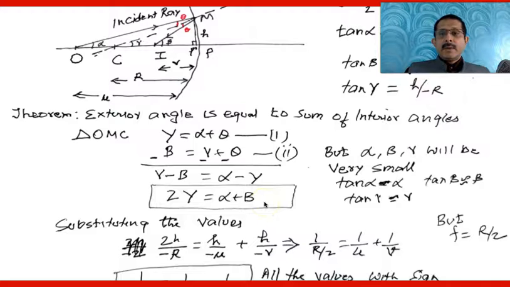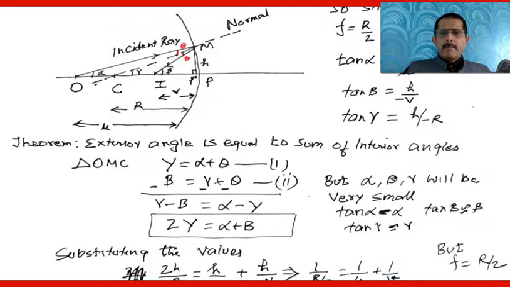Now, remember, as per the property of the trigonometrical ratio tan, if alpha, beta and gamma are very small, then we can say tan alpha is approximately equal to alpha, tan beta is approximately equal to beta, and tan gamma is approximately equal to gamma.